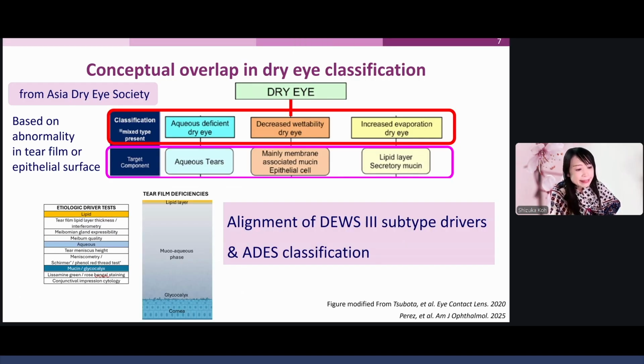Interestingly, the new DEWS III framework and the TFOD concept are actually very similar. Both aim to identify the underlying driver of tear film instability. So I think these concepts from ADES and DEWS III are well aligned.